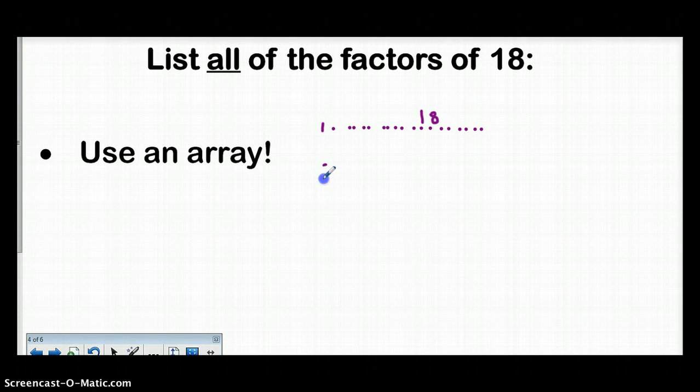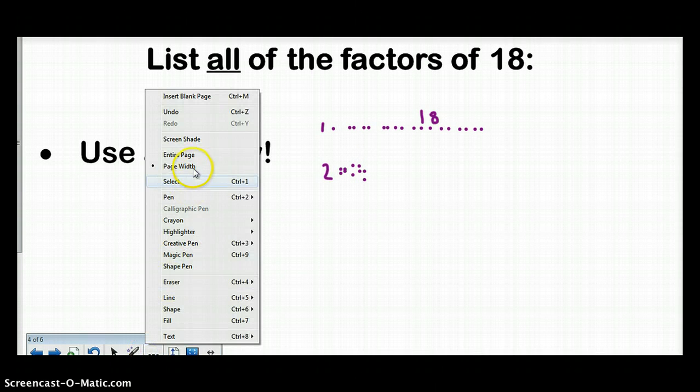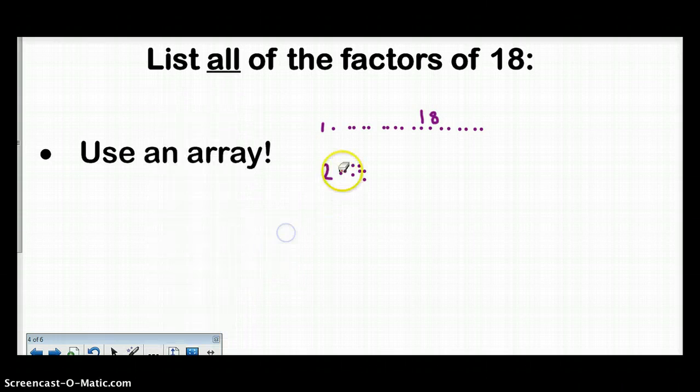Next, I would try 2, and I've got a 2, 4, 6, 8, 10. Sorry, this is not making the best example here. It's hard to see. I'm going to try that again.